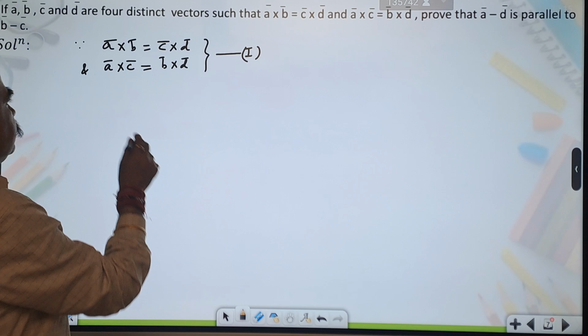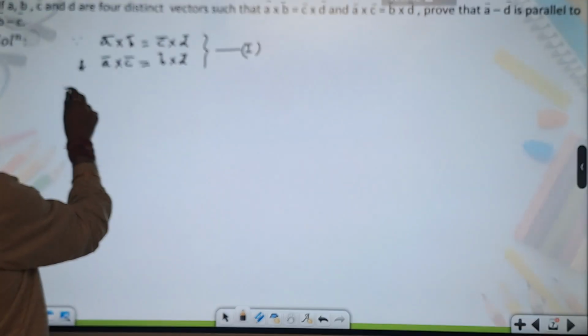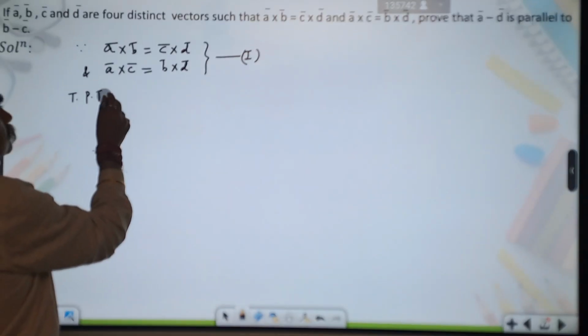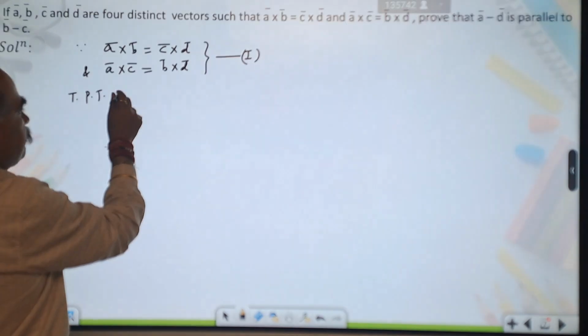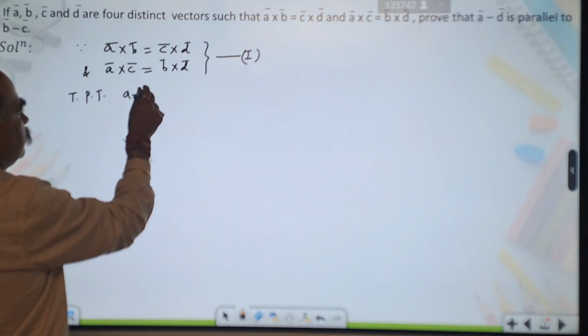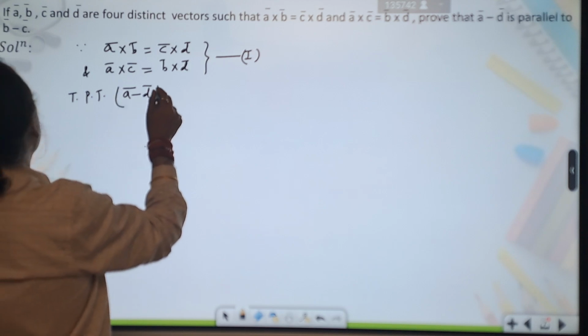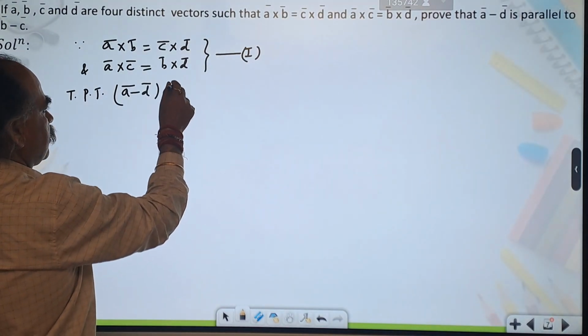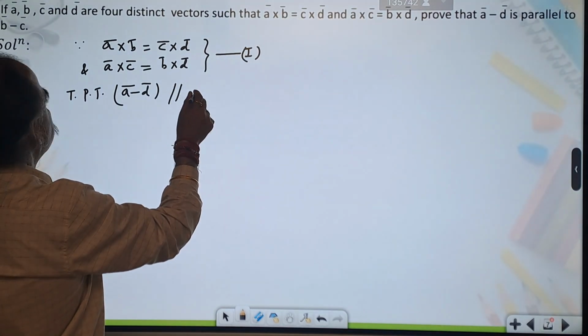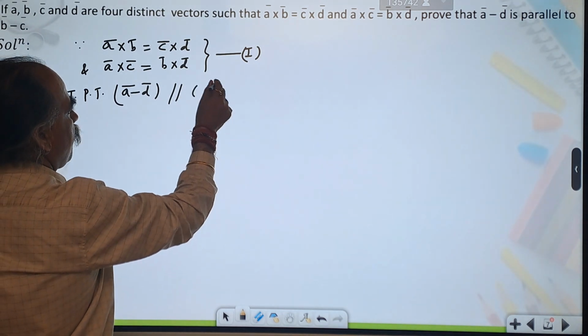To prove that A bar minus D bar is parallel to B bar minus C bar.